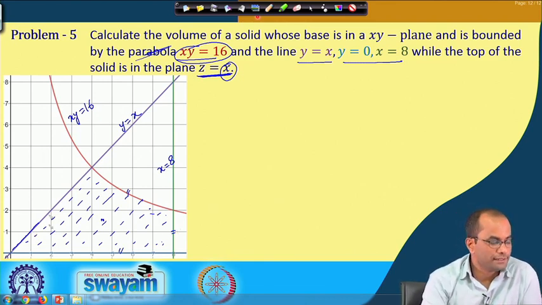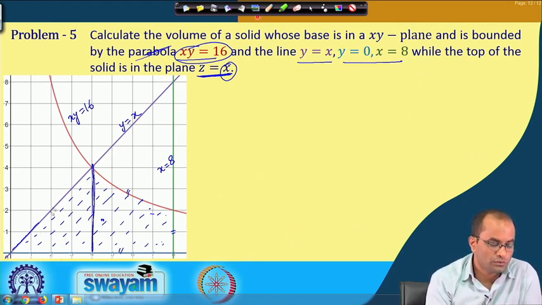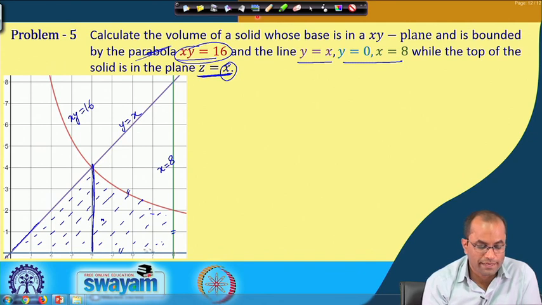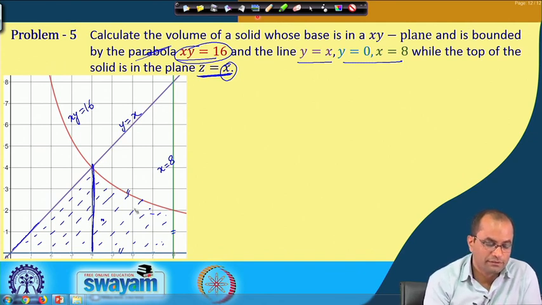Or if we set in the direction of y first, we have again these two regions. One is this one, which is from y is equal to 0 to this curve given by y is equal to x, and then from 4 to 8 we have this different curve.